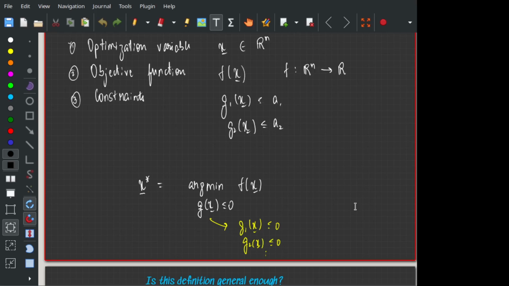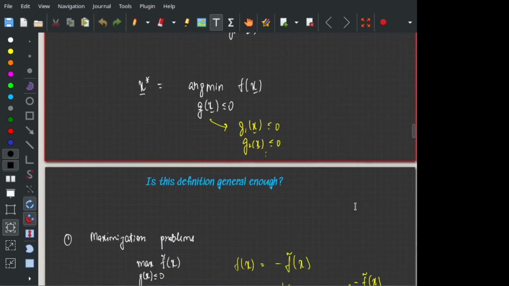On the other hand, if the constraint set is closed and bounded, then irrespective of what the function is, as long as it is continuous, you can always guarantee the existence of a minimum as well as a maximum. But we'll see this as we go along.